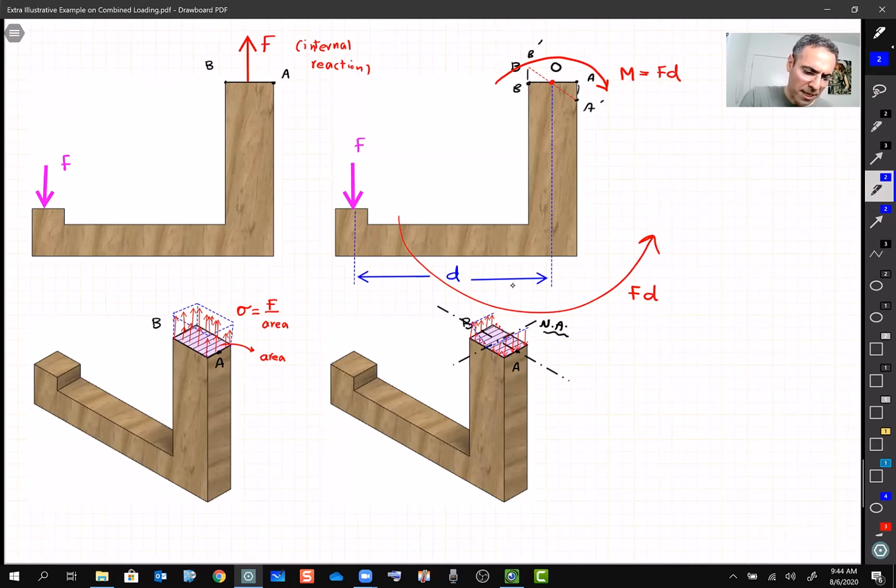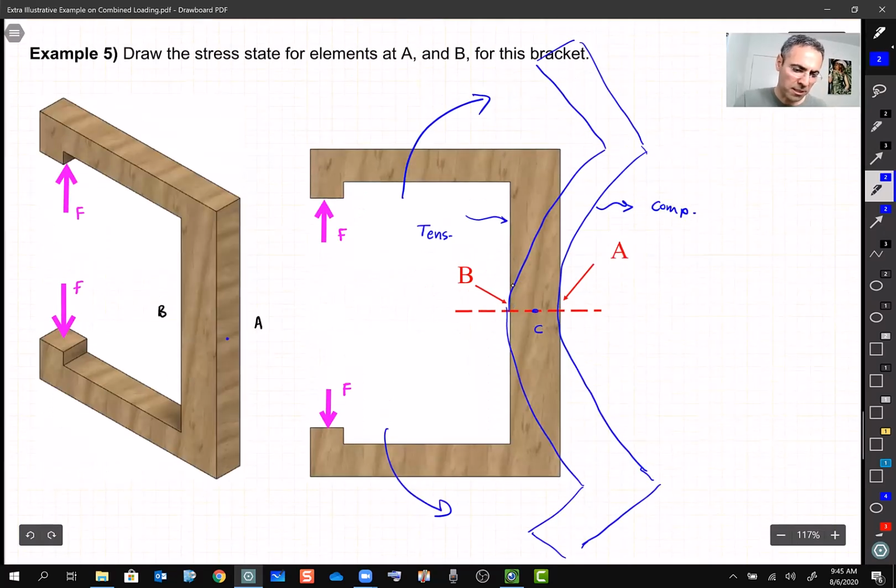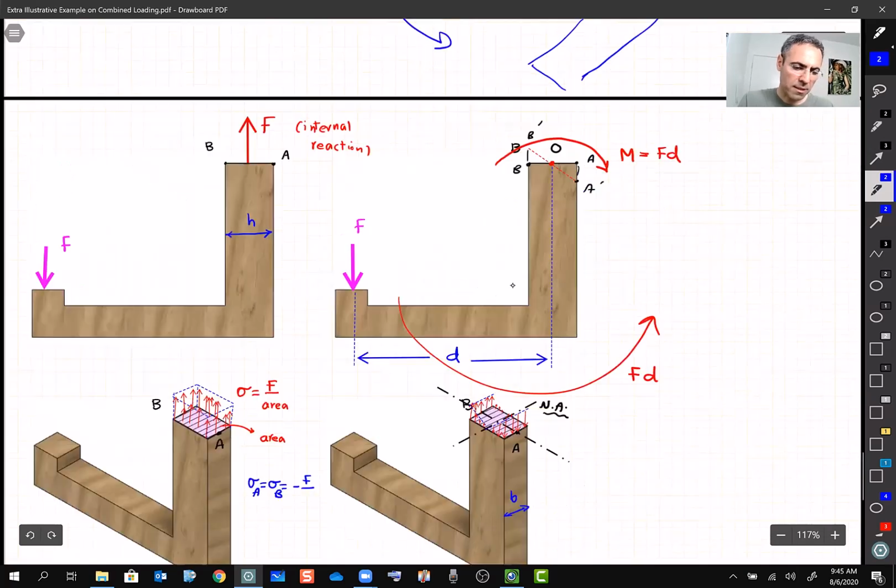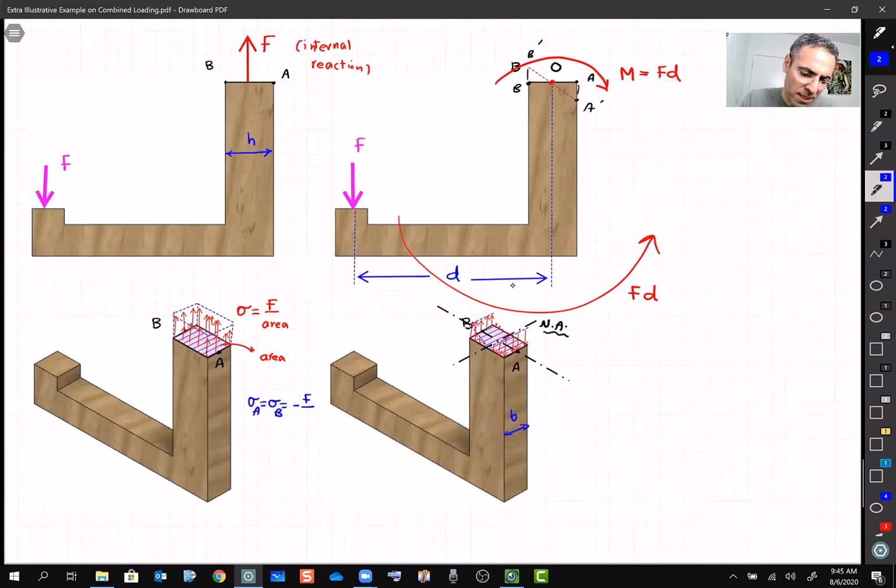Here we know that the stress at point A is equal to the stress at point B, and it's equal to F divided by, let's have some numbers here, and maybe we call this distance H, and this side we call B. Okay, so in a 3D image, let's say this here is H, and this is B. So it's going to be F divided by BH.